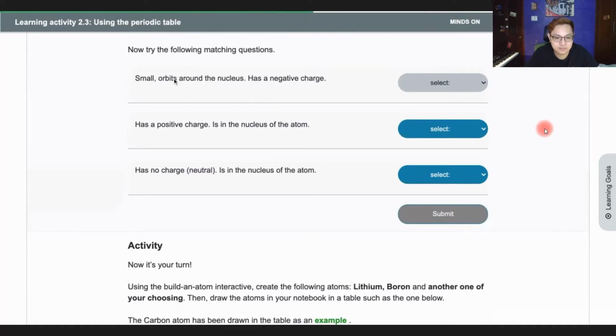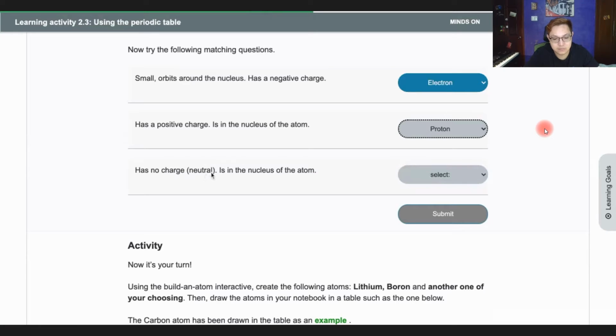A small particle orbiting the nucleus has a negative charge. It's the electron. The nucleus of the atom has a positive charge. It's a proton.